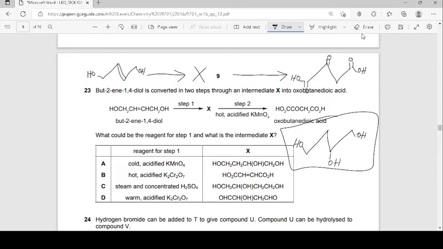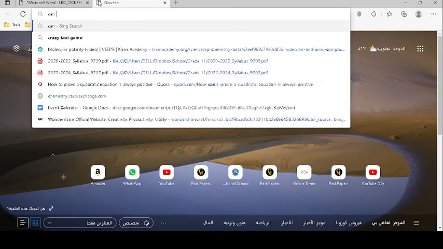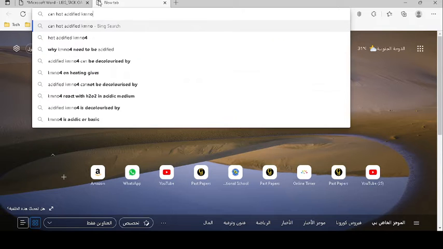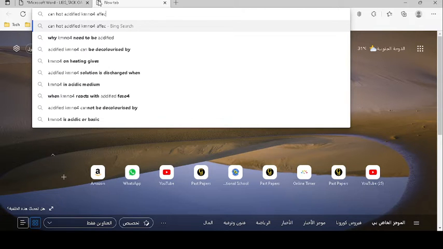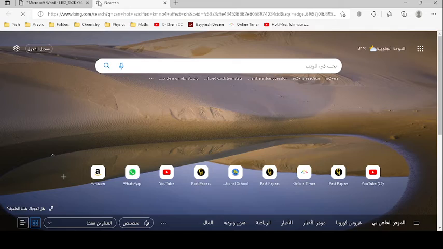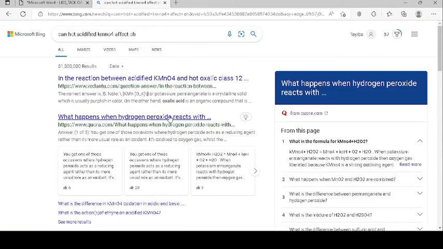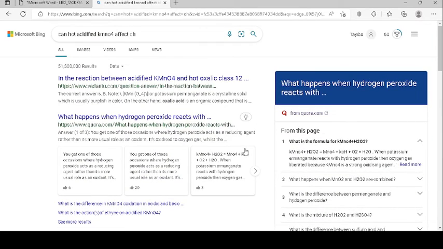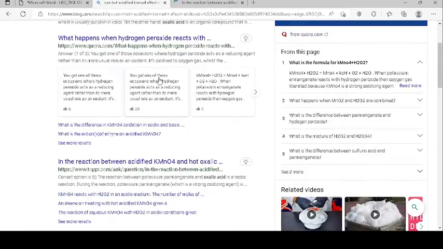I mean, let me just check with it, and if I can, acidified KMnO4 affect which, that's oxalic acid.